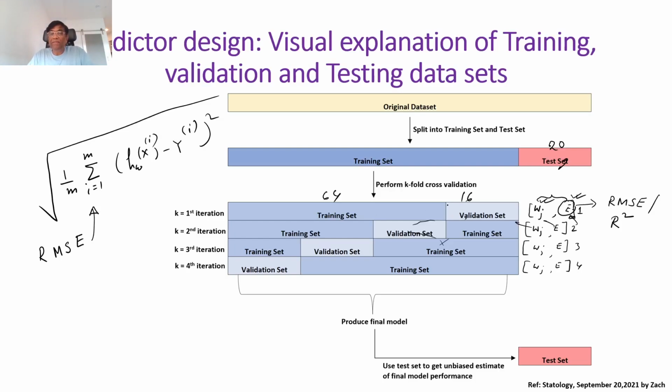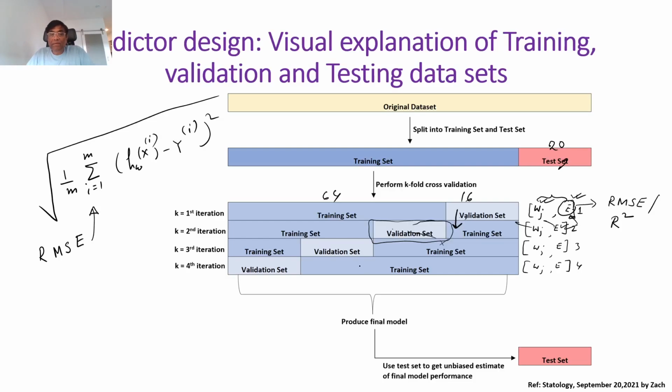I have told you that validation set in the next iteration will actually be the training set, and some other, you see, this validation set is now a training set. And I have slid some other 16, we have decided that they will be used for validation purpose, exactly for determining error.